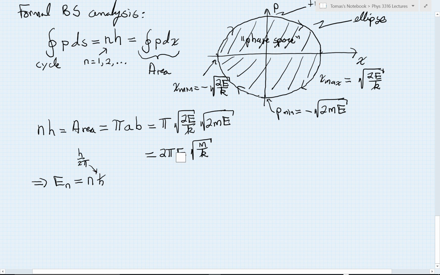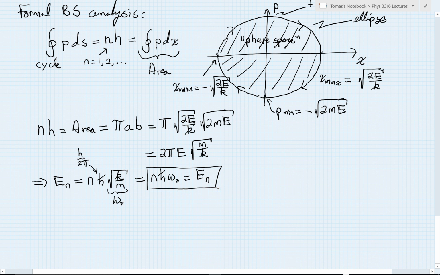And then to really solve for E, I need to put this on the other side of the equation where it flips over and becomes square root, oh, very nice, k over m. And that is very familiar because that is just the natural angular frequency for my oscillator. So n times h bar times omega naught, the natural frequency, that is my formula then for the harmonic oscillator.